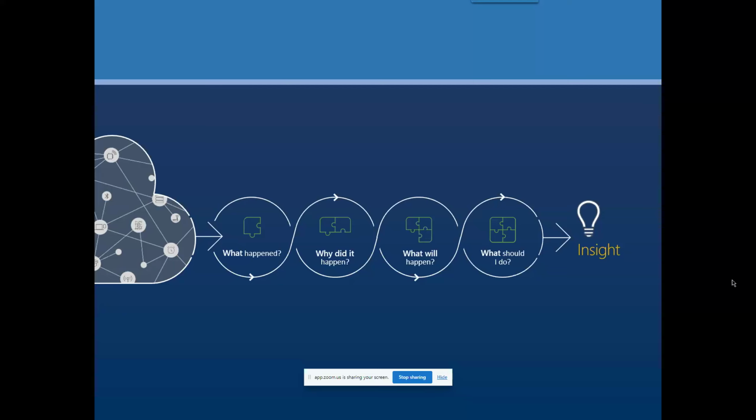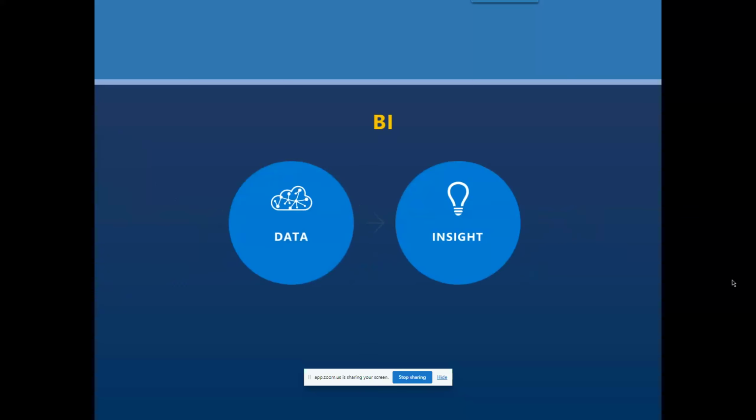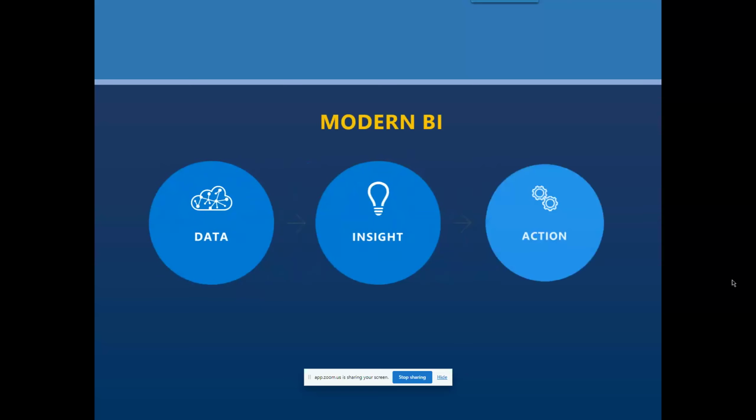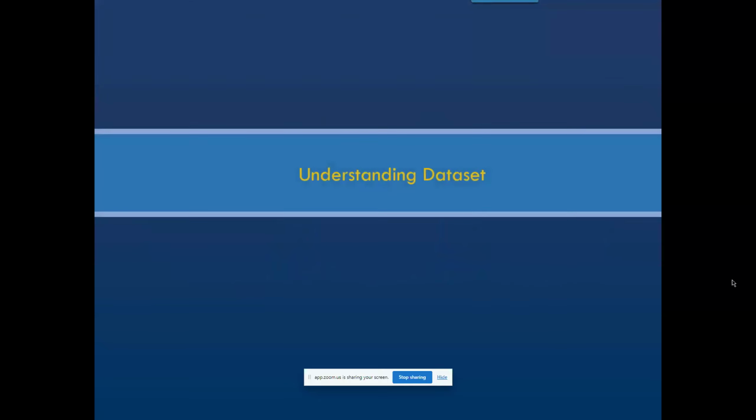Until you have this type of answer to this type of question, it is very difficult to take action. You have data now, you have insight, but in order to take action, you need to have a tool, or you need to have data that gives you actionable insight into the data, and that can drive the business behavior.